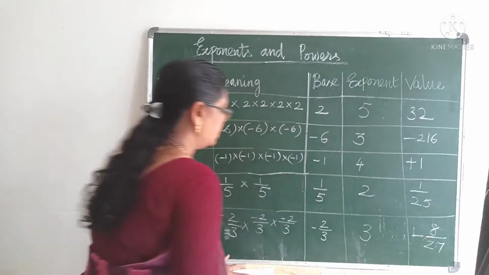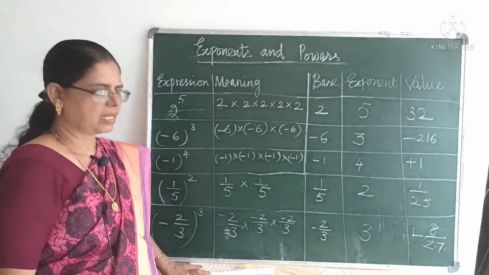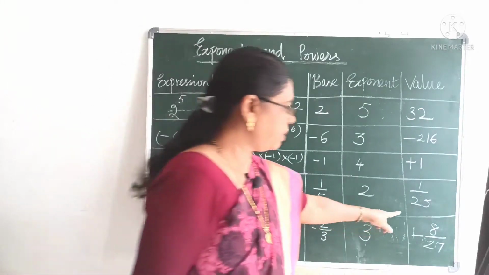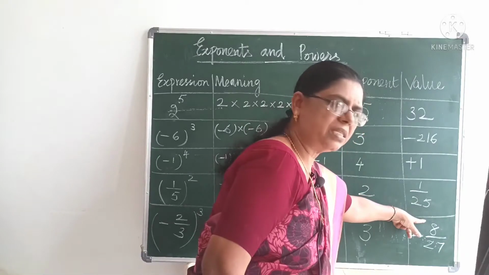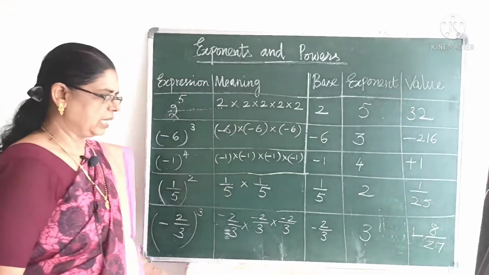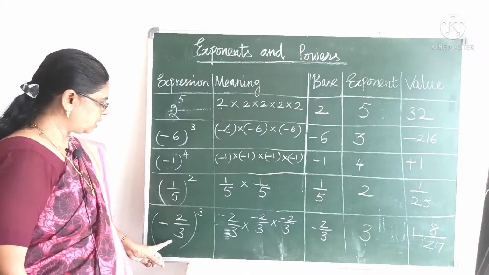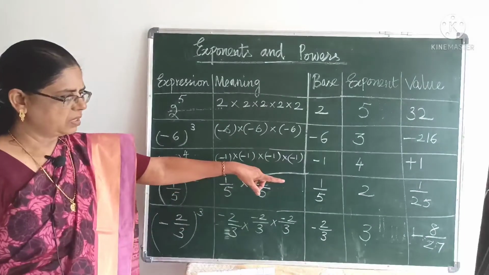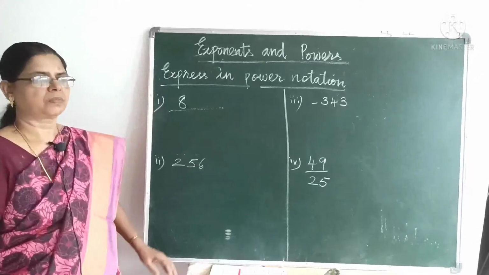So the answer is minus 8 upon 27. This minus sign can be put in the middle or it can be put along with 8. Both are correct. So the value of minus 2 upon 3 cube is equal to minus 8 upon 27.